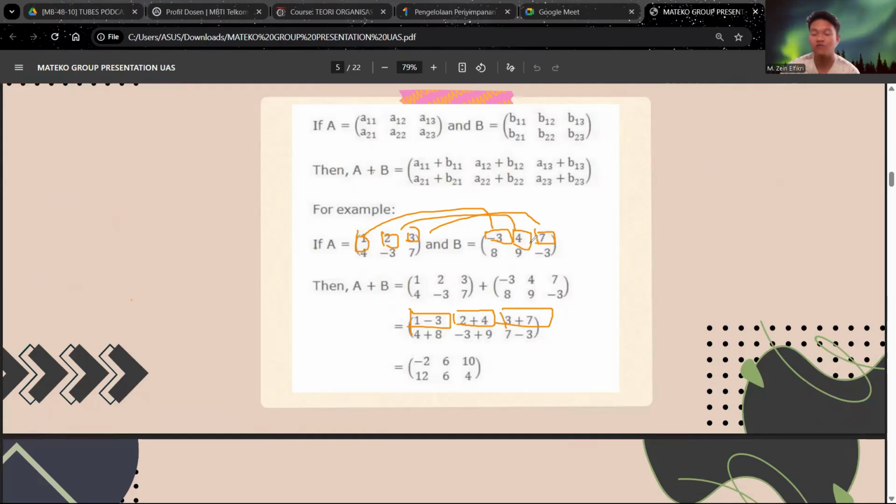And for the other numbers, the same calculation. So the result is 2, 6, 10, 12, 6, 4. So it's an easy one. Okay, next step.